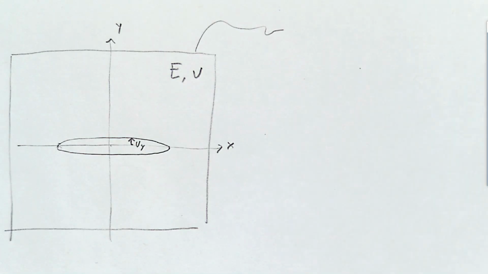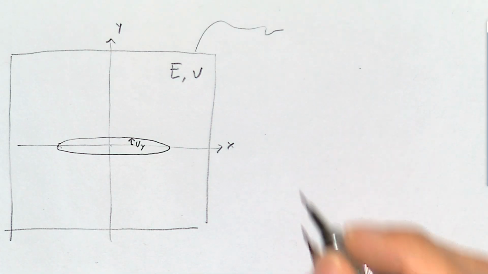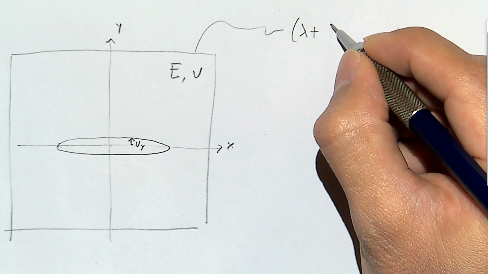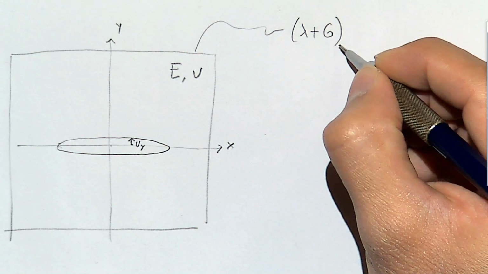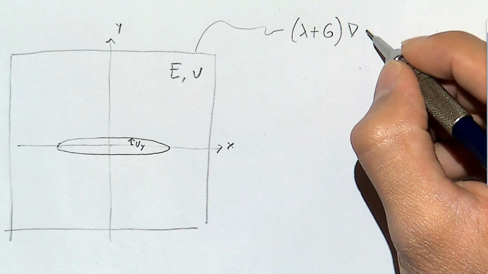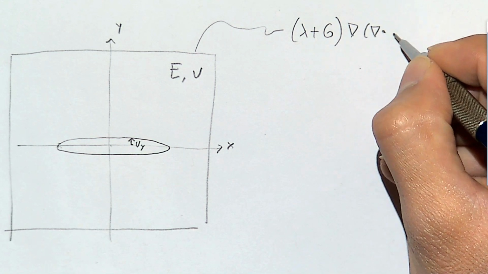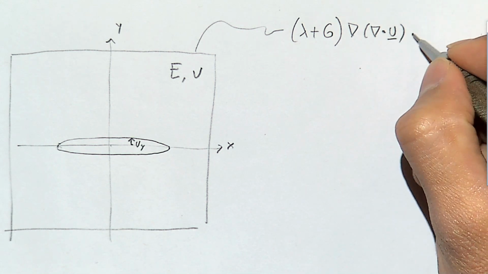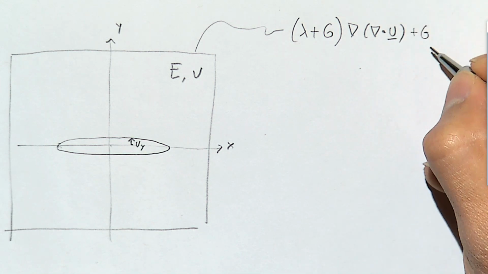As we were saying before, in order to solve this problem, you need to solve this equation of linear elasticity that involves all these gradients and the displacements and elastic properties like G and lambda.